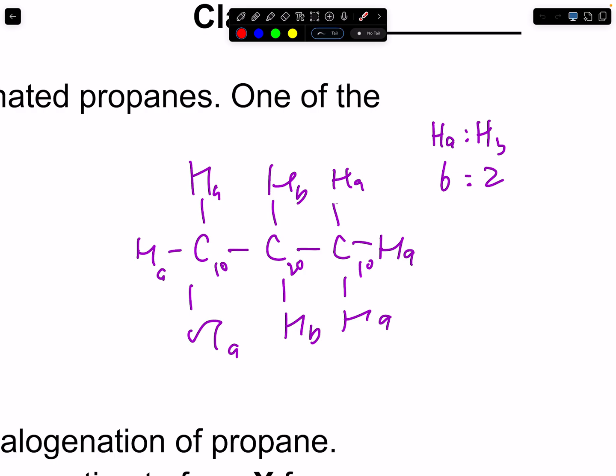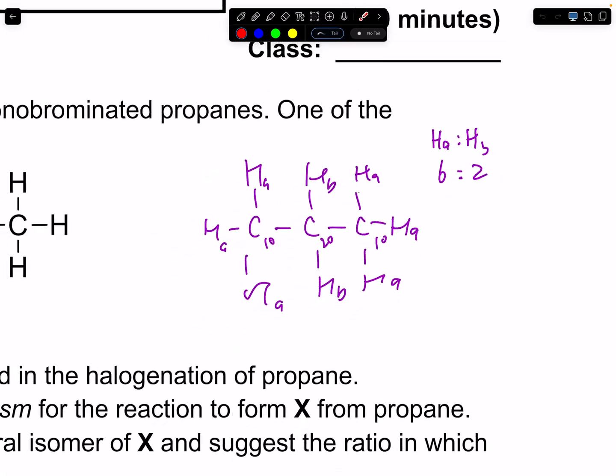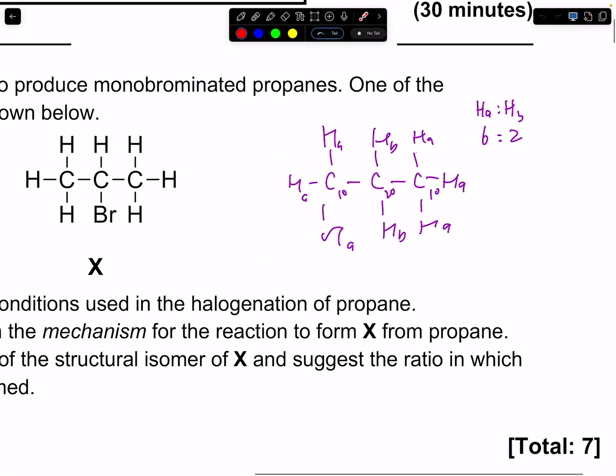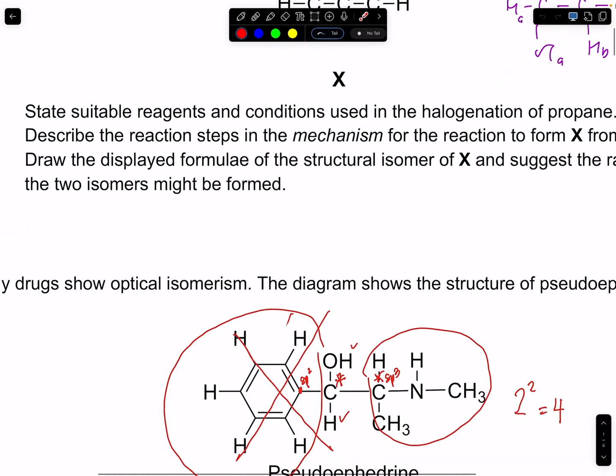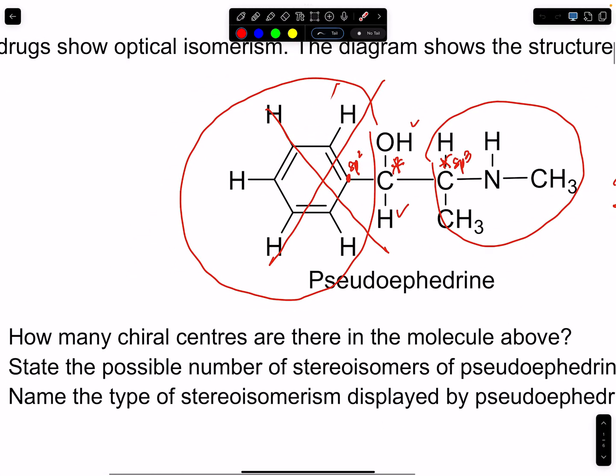For this one, there's a C here. But since this is an alkene, what's the reference molecule? There's no chiral center on an sp2 carbon.